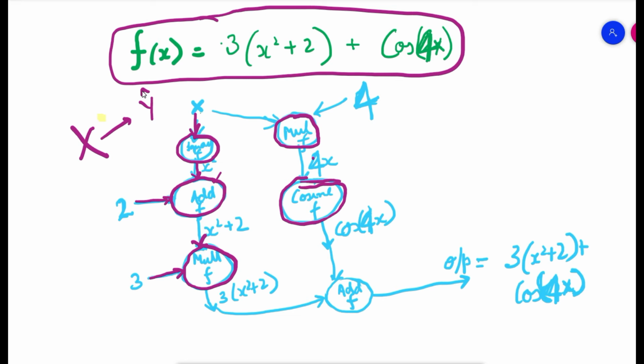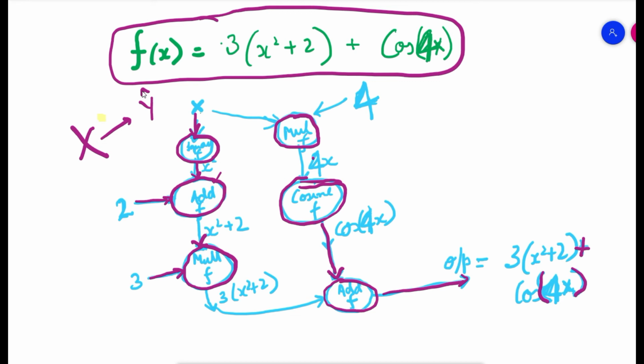On applying the cosine function, we get cos 4x. Because we have cos 4x in our hand right now, and we have 3x square plus 2 in our hand right now, we can apply an addition function to get the final output, that is 3x square plus 2 plus cos of 4x.